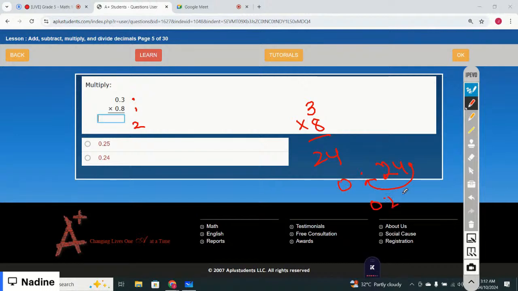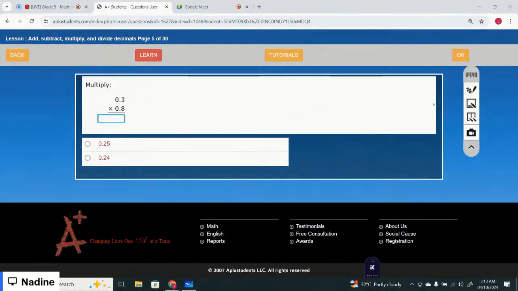It would be 0.24. The correct option is option number 2, 0.24.